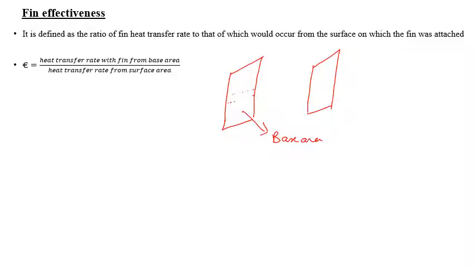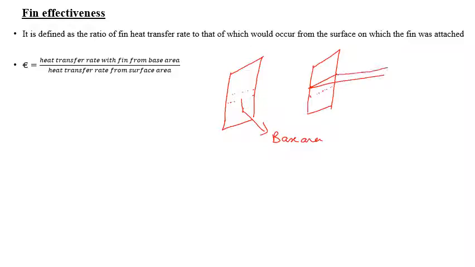Now, if this is the base area, which I am not having, and I am planning to have a fin over this one, so on the base area I am going to have a fin over here. So I can show it like this.